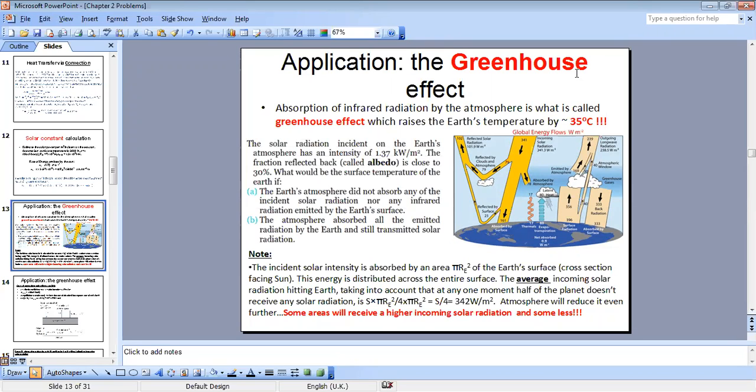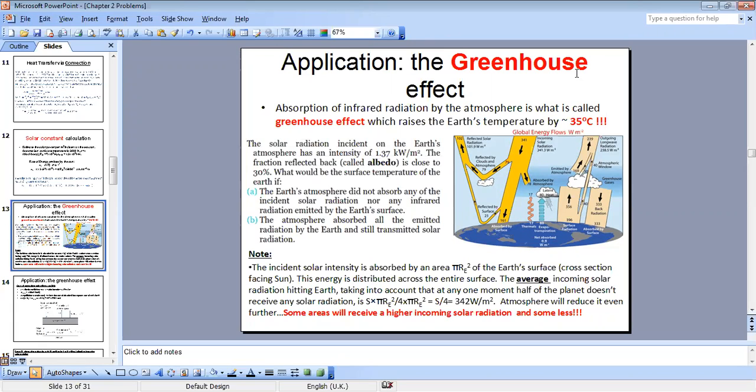It will transmit solar radiation and then it will transmit infrared radiation. It will not reflect back to earth. The second case, in part B, is that the atmosphere will absorb all the radiation emitted by the earth and it will still transmit solar radiation.